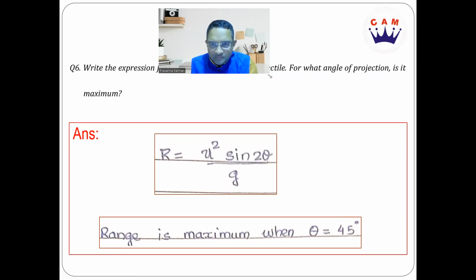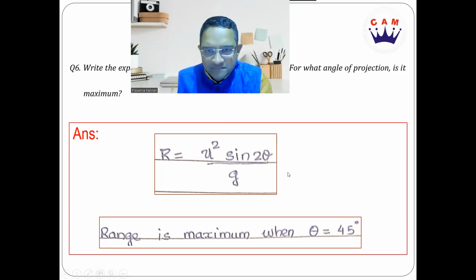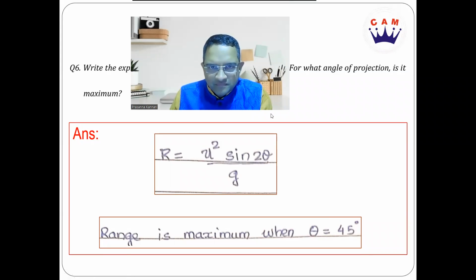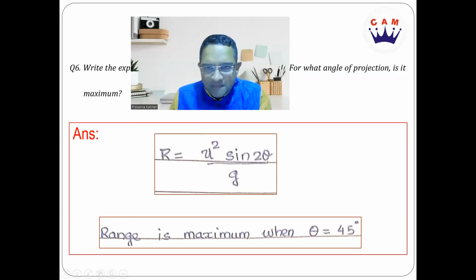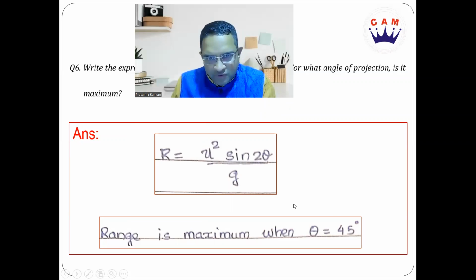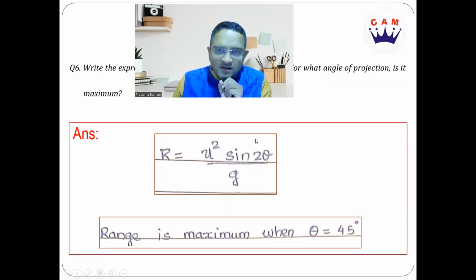Because 2 theta is 90 degrees and the maximum value for sine is 1, so sine 90 is 1. Excellent. So R reaches maximum when sine 2 theta is 1. Sine 2 theta is 1 when 2 theta is equal to 90 degrees, which means theta is equal to 45. Absolutely right. Perfect.